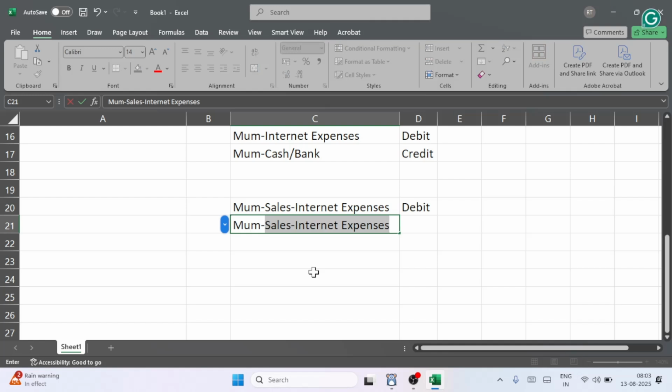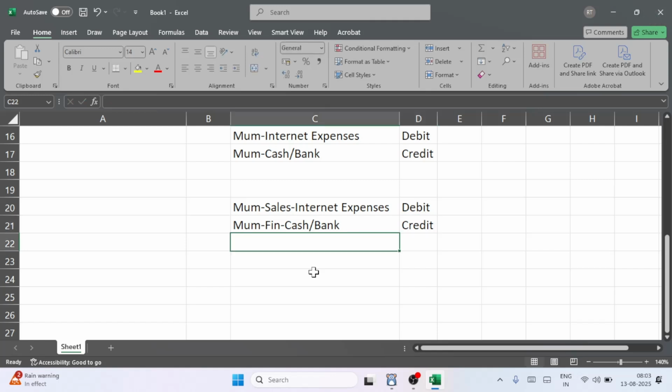Mumbai, finance, cash or bank, credit. So here, for the sales team, we have tagged the cost center sales to our journal entry. In this way, we are going to understand who has incurred the expense.